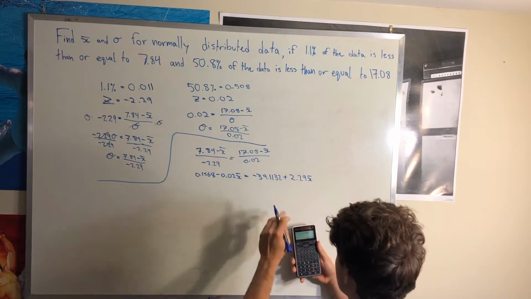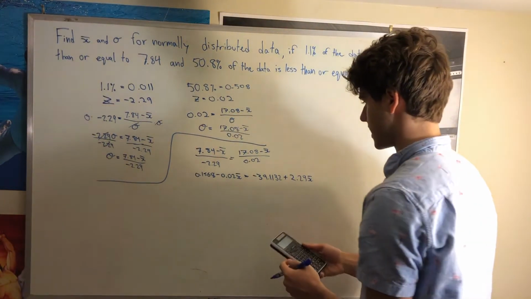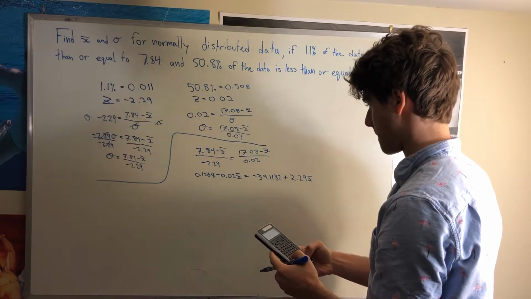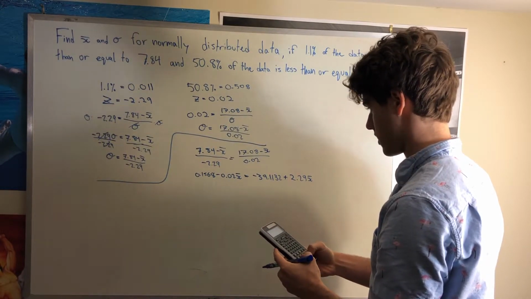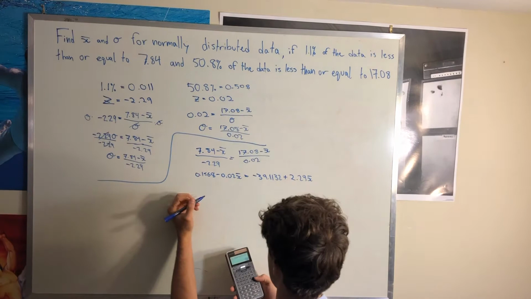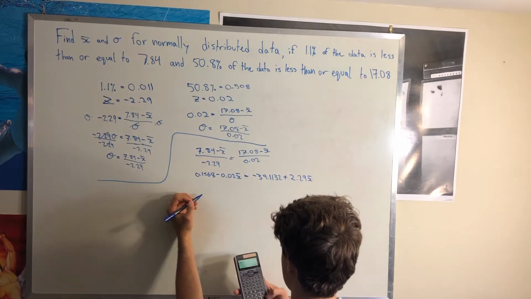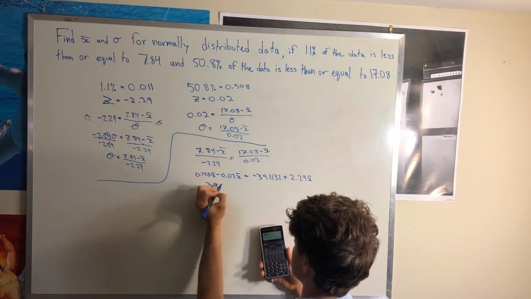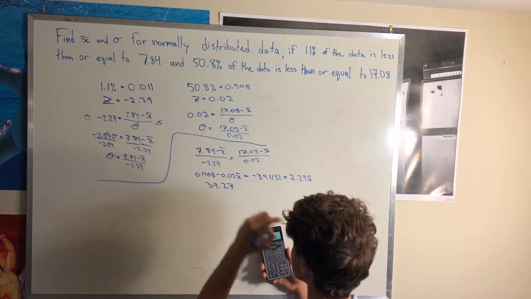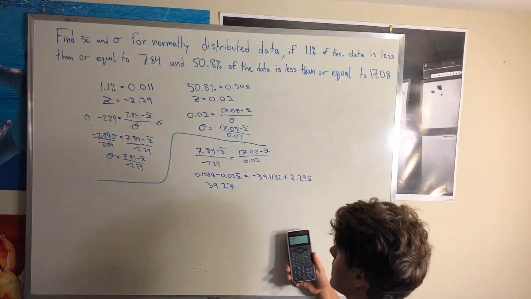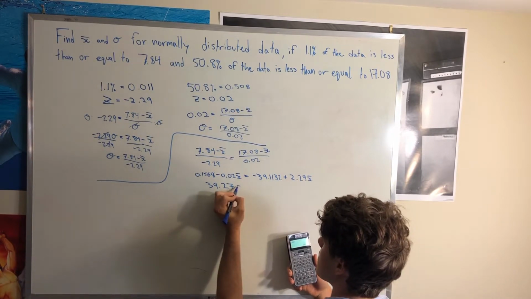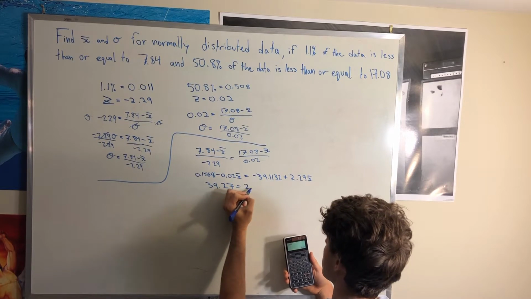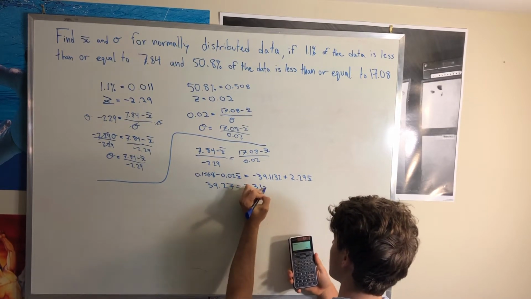Okay, now I'm going to add this number to both sides. So we have 0.1568 plus 39.1132 gives me 39.27. And I'm going to add 0.02 x bar to both sides. So that equals 2.31 x bar.